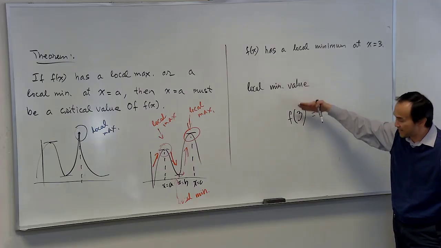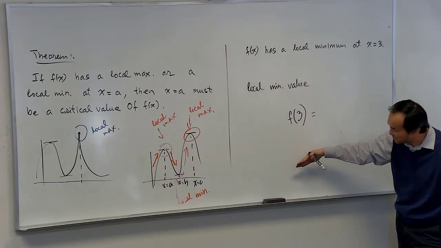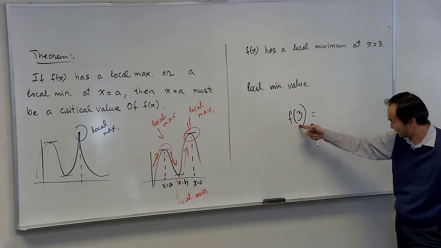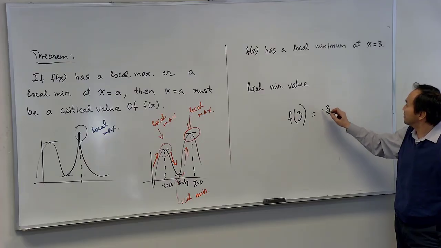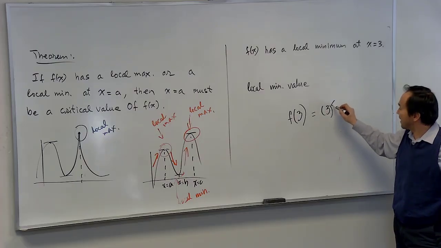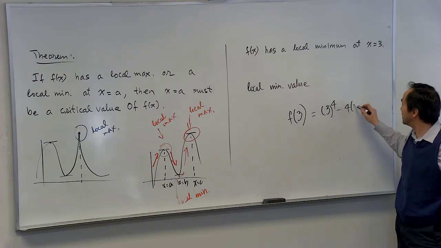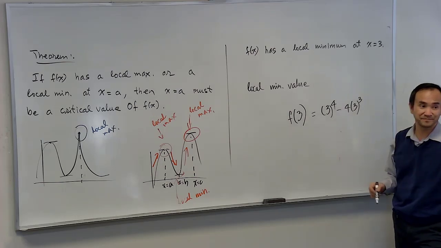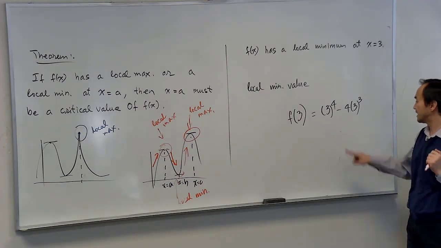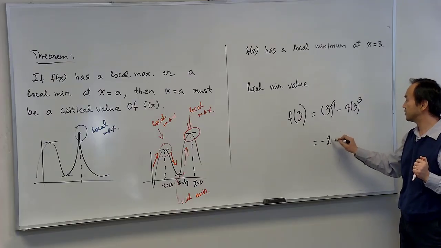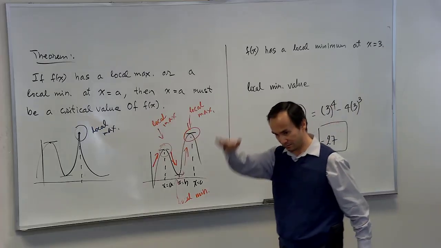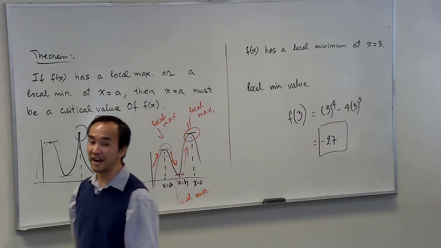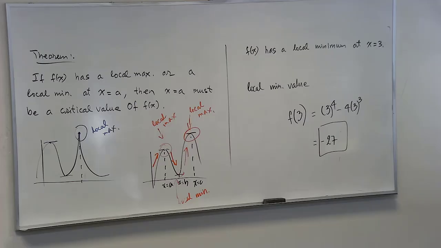Now we want to find out how low it hits. So 3 to the 4th power minus 4 times 3 cubed makes it altogether negative 27. So negative 27 is the local minimum value, how low it hits there.